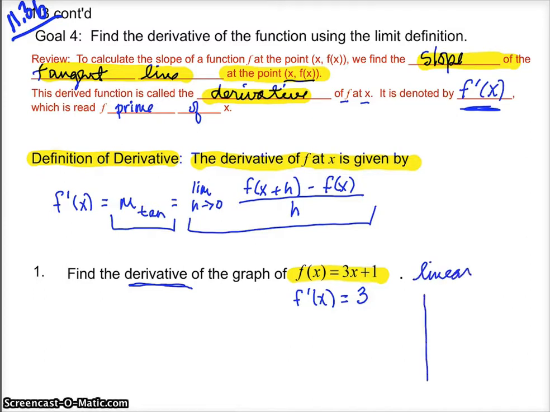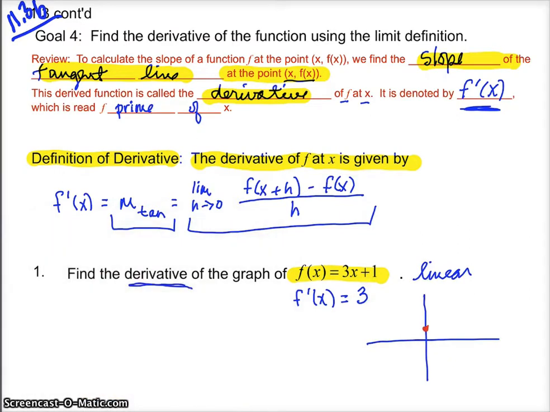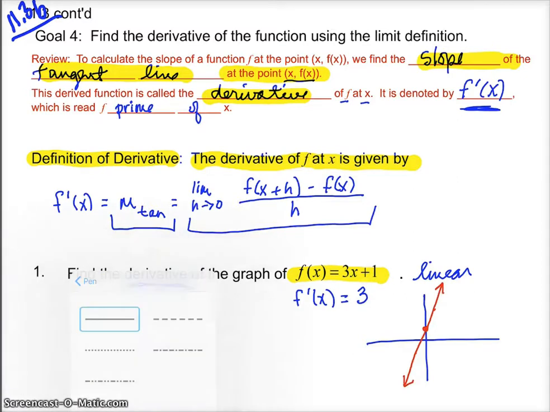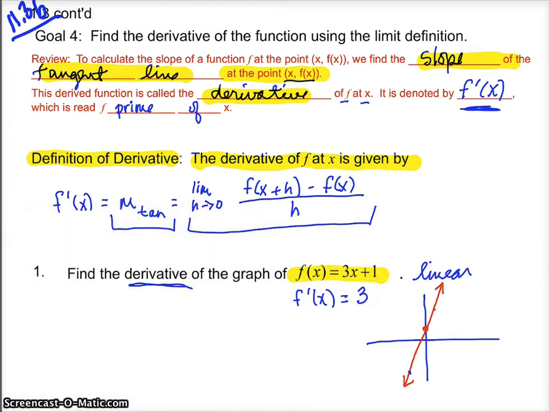So it would look like this. So here's my y-intercept of 1 and my slope of rise 3, right 1, or down 3, left 1. So here's what that linear function looks like. And I know that no matter where I am on this function, my slope is going to be the same at 0.1 or 0.2 or 0.3 or 0.4 or 0.5 and so on.